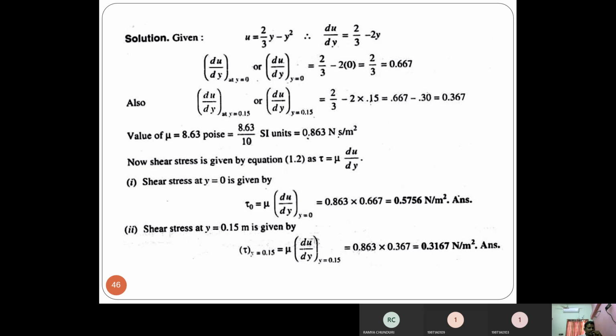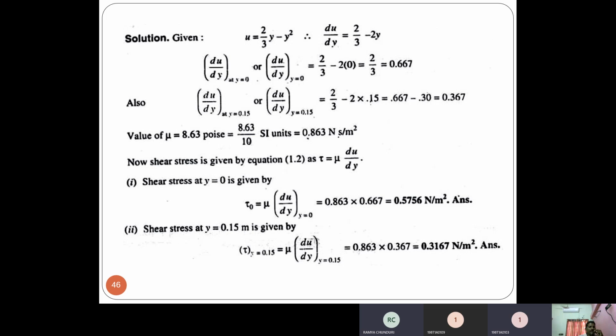Here du by dy at y equal to 0: put y equal to 0 wherever y is present in the expression. 2/3 minus 2 into 0, so 2/3 is equal to 0.667. Are you following? Yes, sir. Okay, right.